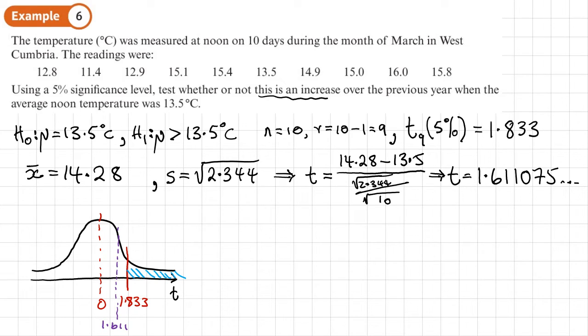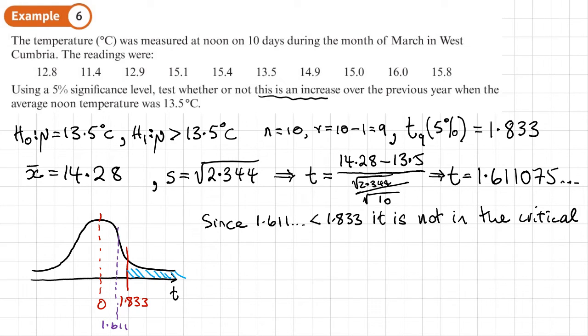So we can write down, since 1.611 is less than 1.833, it is, and there's a couple of ways we can write this. We can say it's not in the critical region, it is not significant, so I'll put down it is not in the critical region, or you could just say that it's not significant.